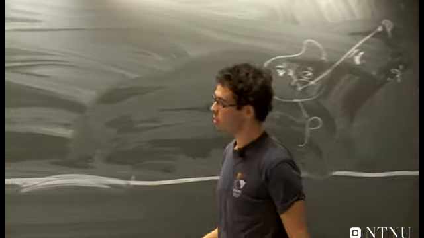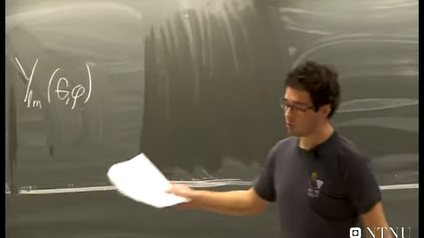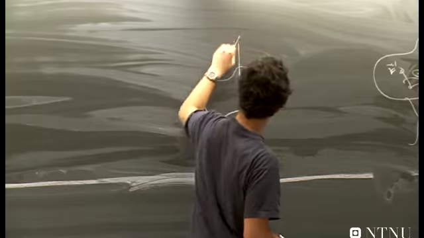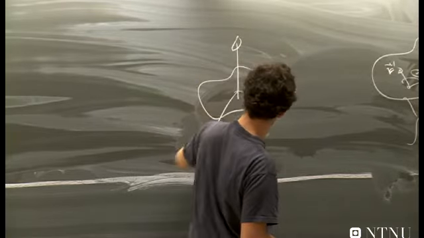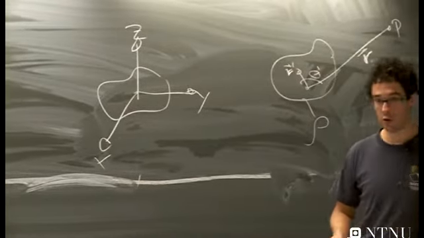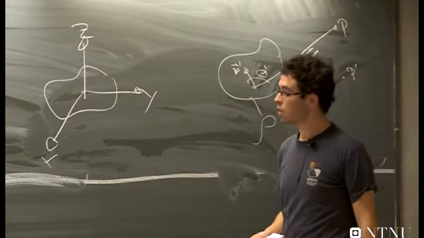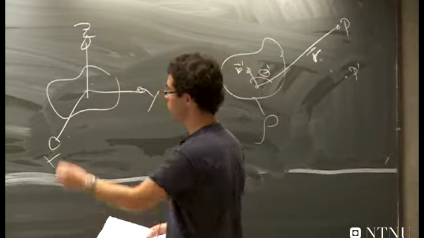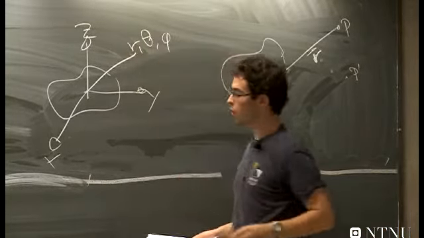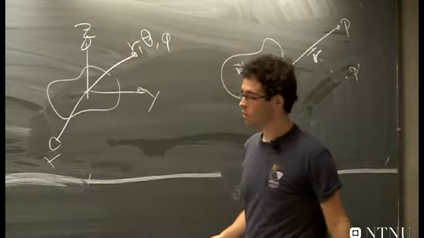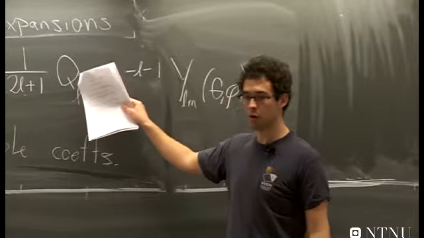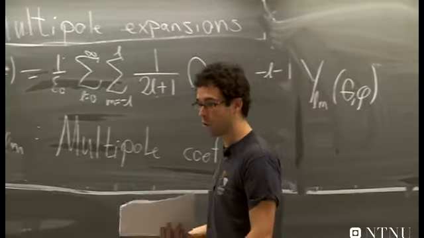Now this one is different because I just set, inside the charge distribution, a coordinate frame, and I keep that fixed. And now for different points r theta phi in space, I could just sum up this series, because the QLMs now are constants, or coefficients.